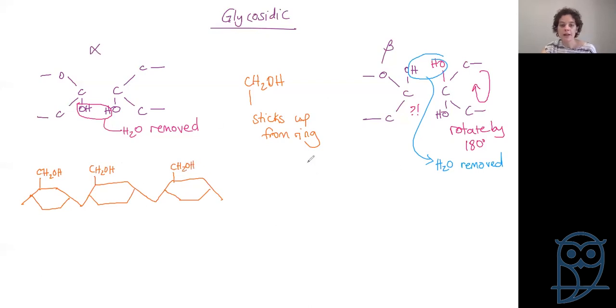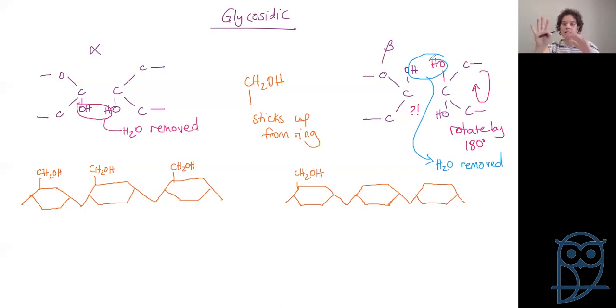Okay, now if we think about it in terms of beta glucose, we have the same thing of a long list of rings. But now what's happened, the first one was sticking up.